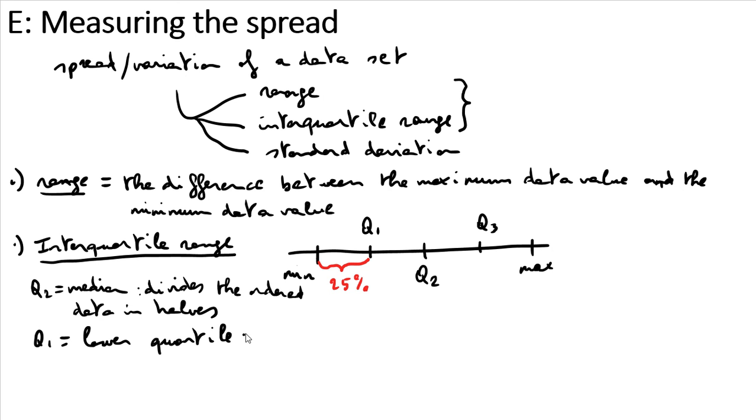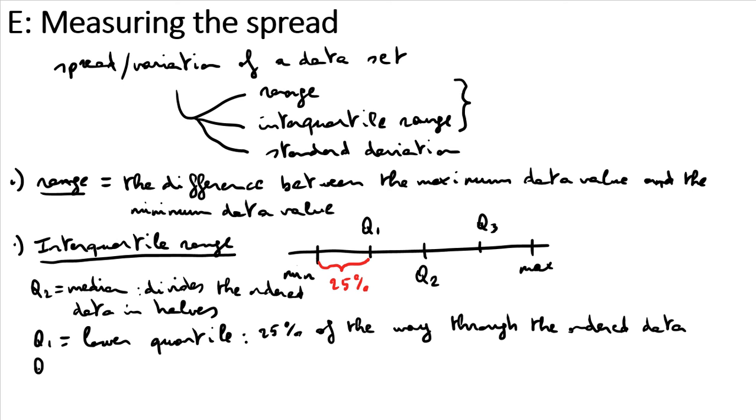So we can write down that we are 25% of the way through the ordered data. So that means that 25% is lower than the first quartile, the lower quartile.